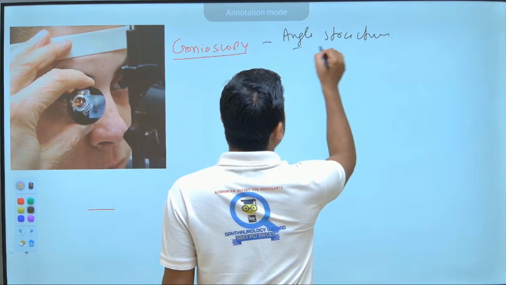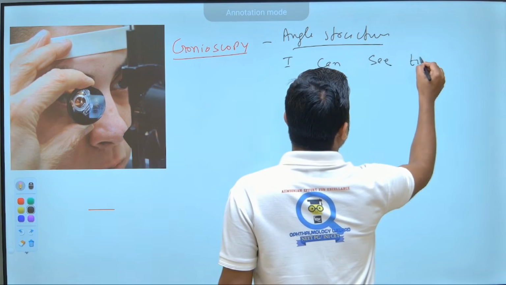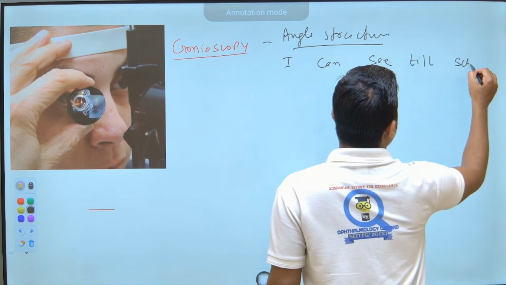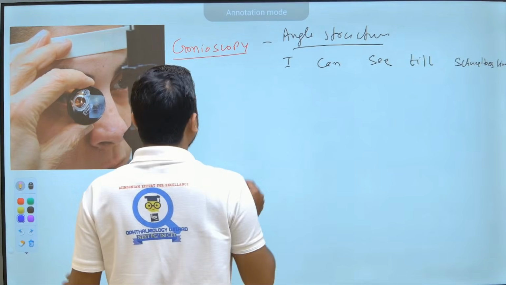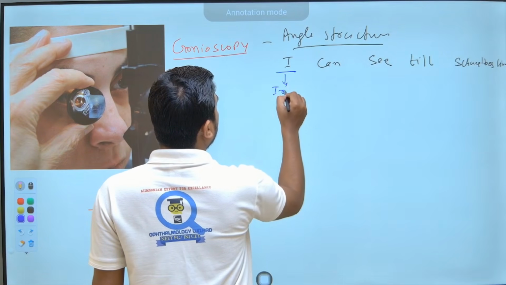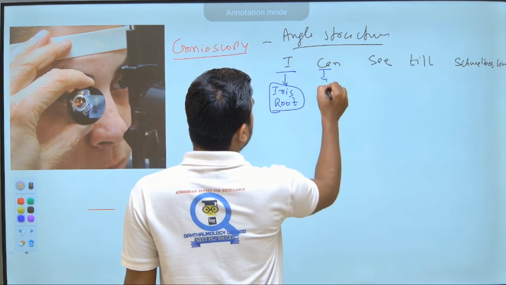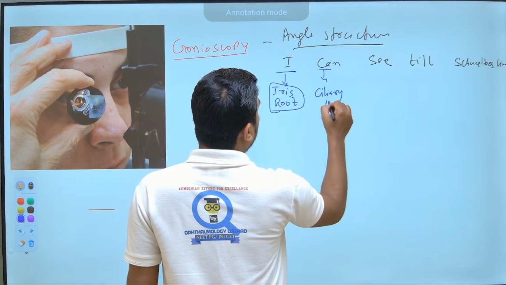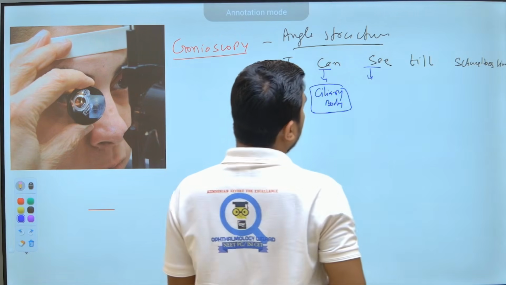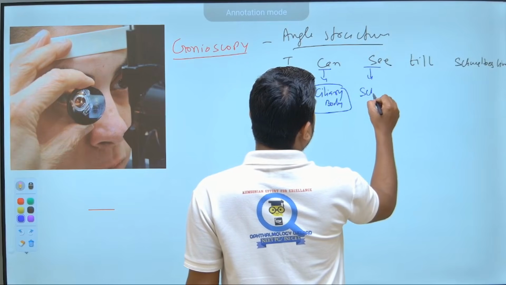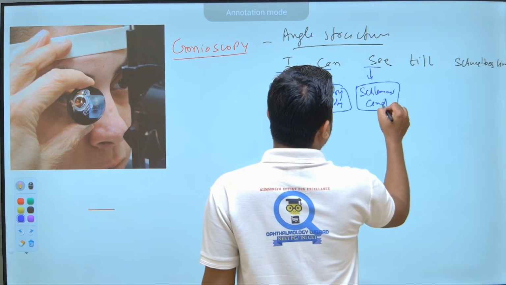The angle structures can be remembered by the mnemonic: I can see till Schwalbe's line. The first thing is the iris, the root of the iris basically. This is one angle structure. C is ciliary body. S is Schlemm's canal.